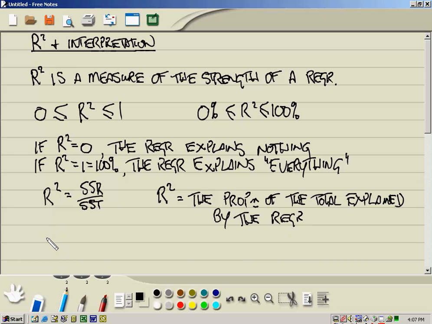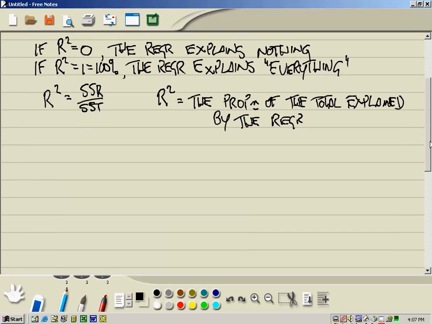So for our example, we were given, and we took down, the regression sum of squares and the error sum of squares. To calculate the r squared we need to work out the total, which is the regression plus the error sum of squares, that which is explained plus that which is unexplained.